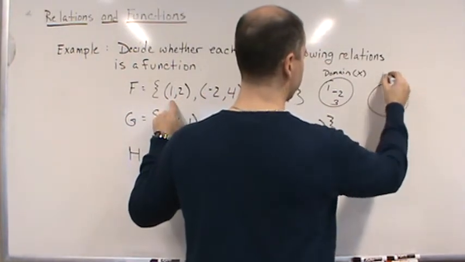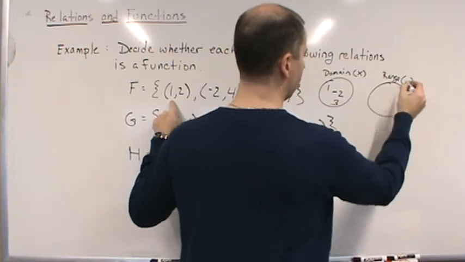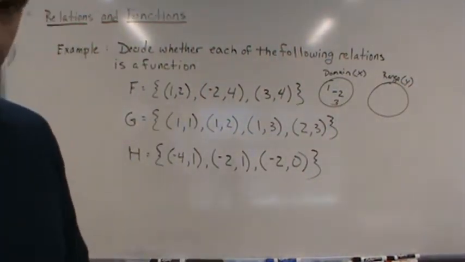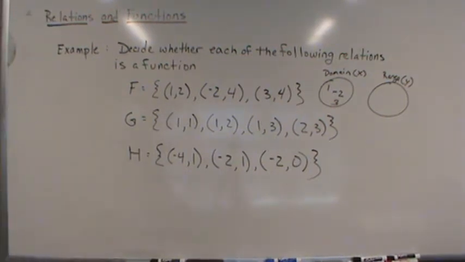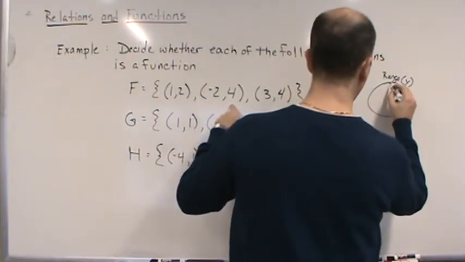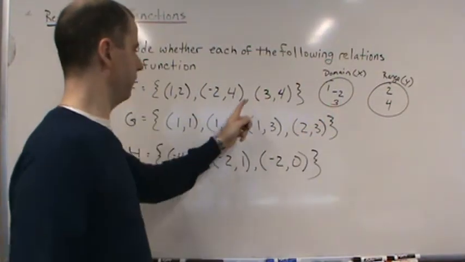And then we've got what we're going to call here the range, and these are the y values. Okay, what are the y values? We got 2, 4, and 4. So we got 2 and 4, right?